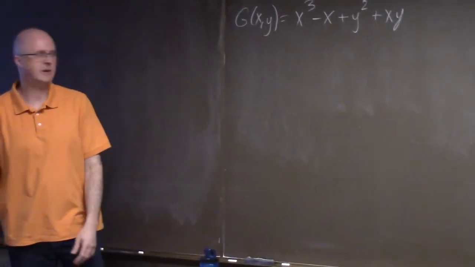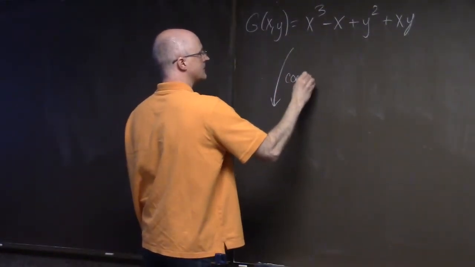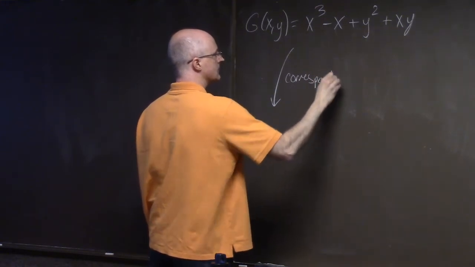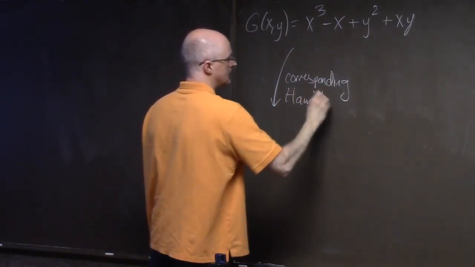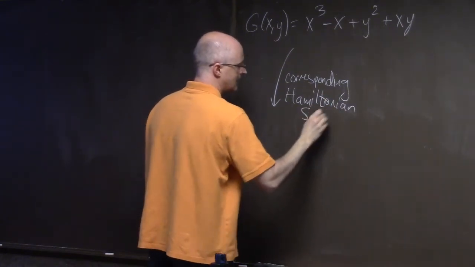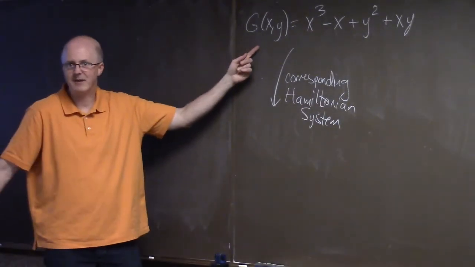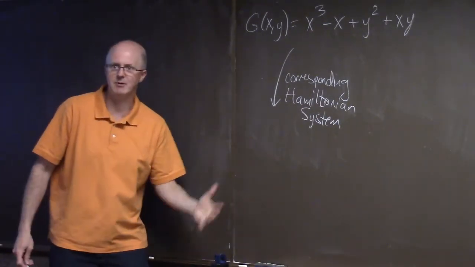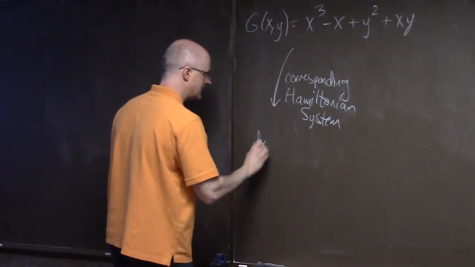Given this function, we can create a Hamiltonian system. Don't be misled by the fact that I'm calling this function g. It's going to be a Hamiltonian function for this Hamiltonian system I'm about to write down.